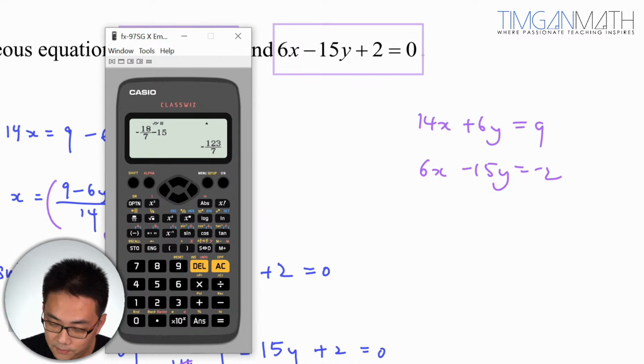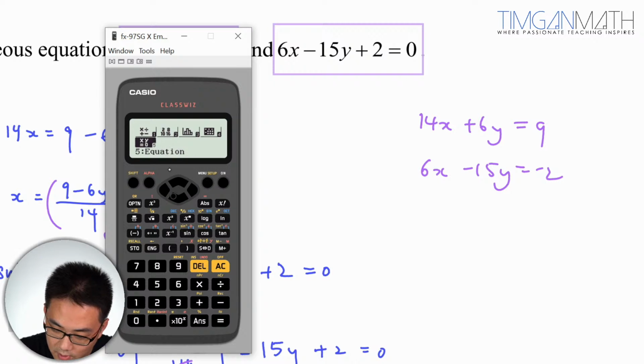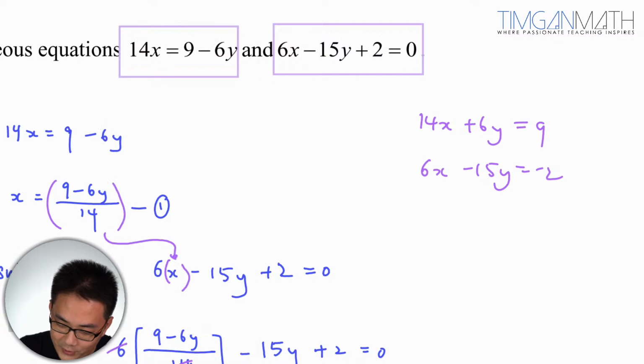Keying in the calculator, you have 5 and you choose polynomial. I think likely I've done something wrong. I hope not. I hope the answer is what I did. Minus 2. Oh, not so hopeful.